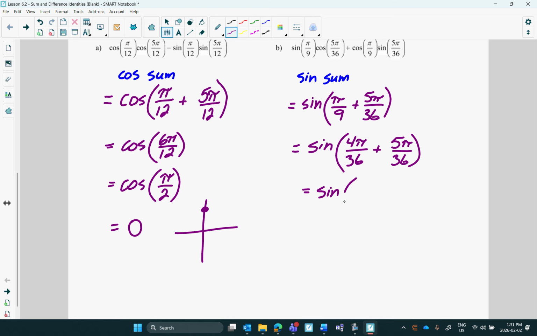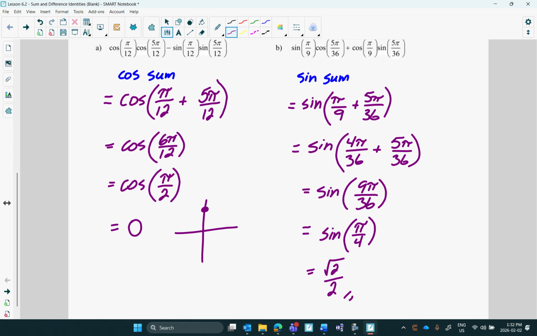Now I can add the two to get 9 pi over 36, which I can reduce to pi over 4. And what is the sine of pi over 4? Root 2 over 2. Good.